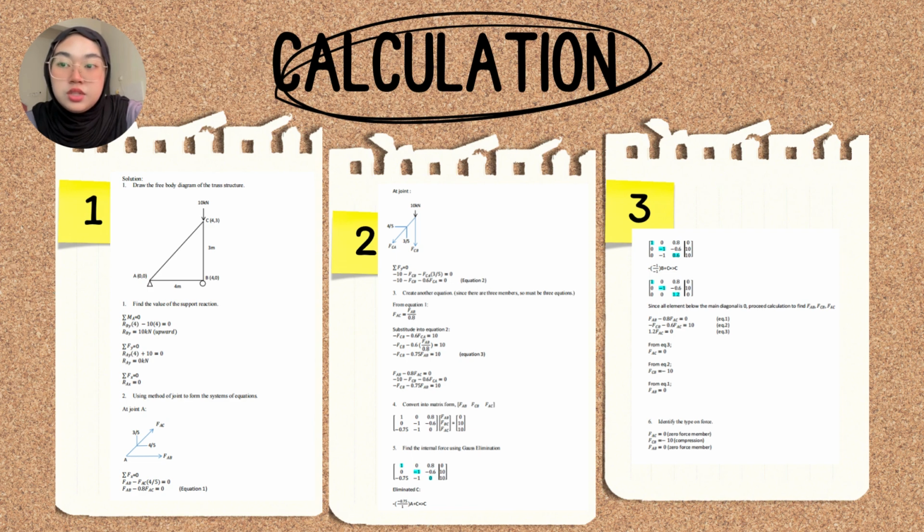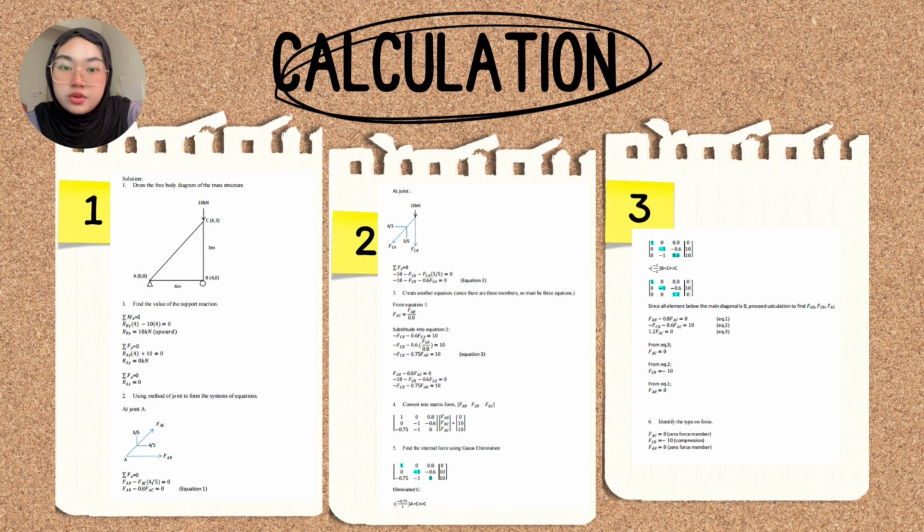Then we substitute it into equation 2, and it becomes negative FCB minus 0.75 FAB equal to 10. That will be the third equation. As we get all three equations, we assemble and rearrange them and convert them into matrix form.